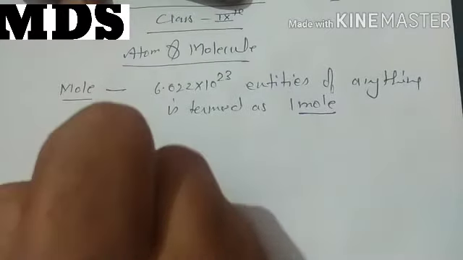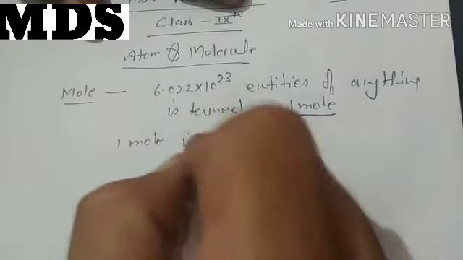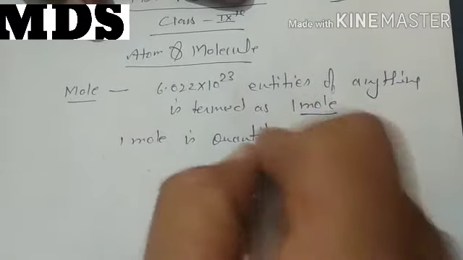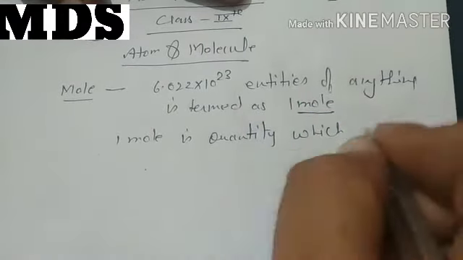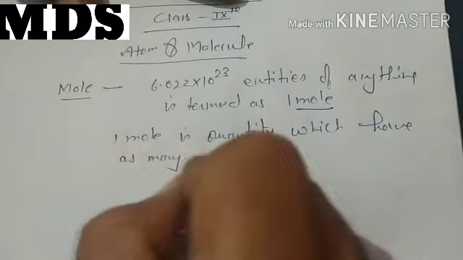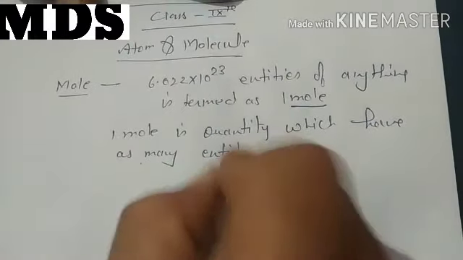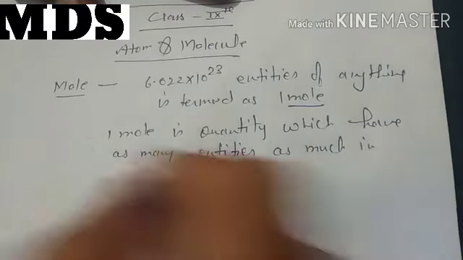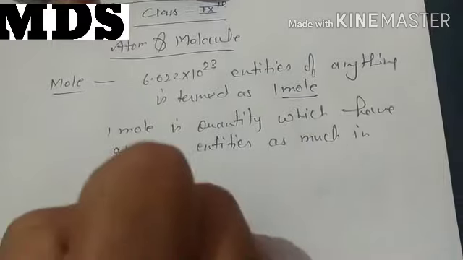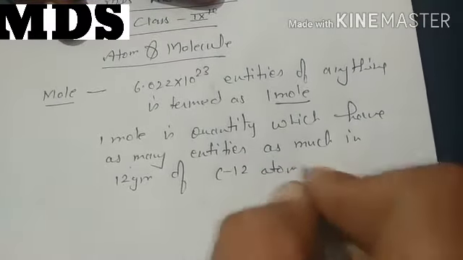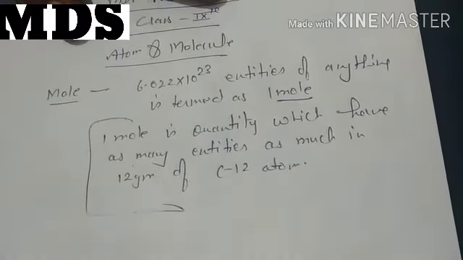Or you can say 1 mole is the quantity which has as many entities as are in 12 gram of C12 atom. This is the exact definition of 1 mole.